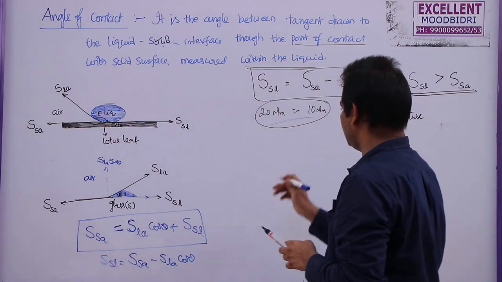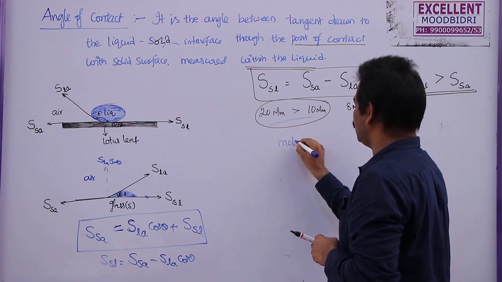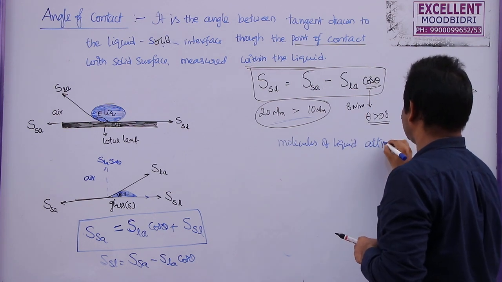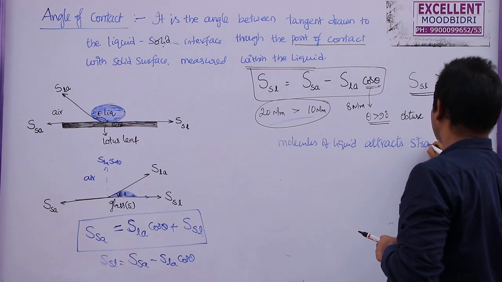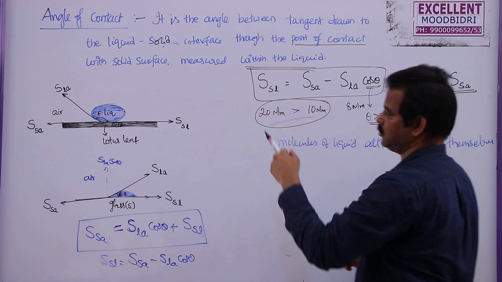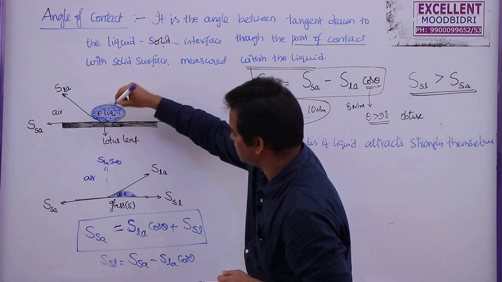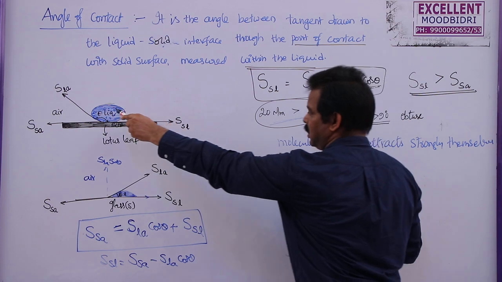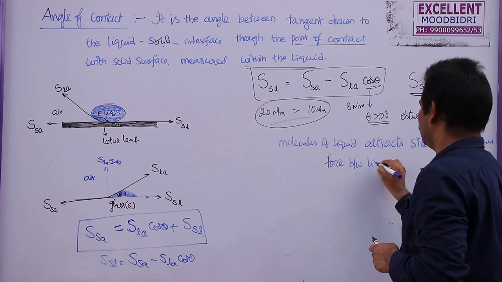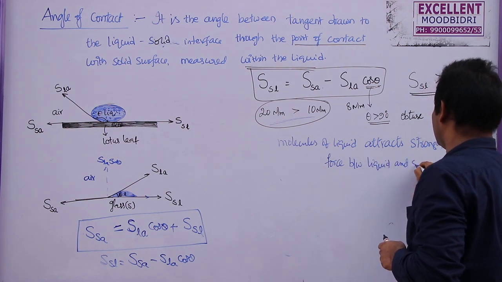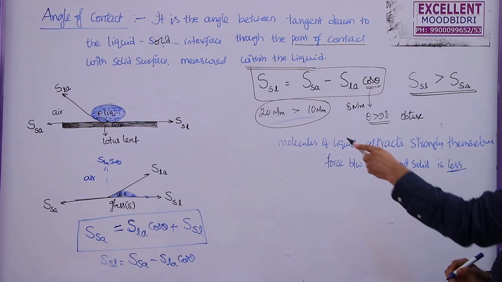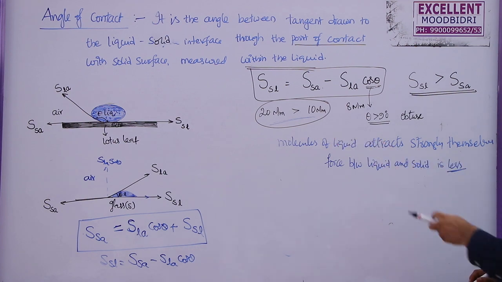That's why in this case the molecules of the liquid attract strongly themselves. Within the liquid the attractive force is more, but the force between liquid and solid is less. That's why water will not stick to the lotus leaf.